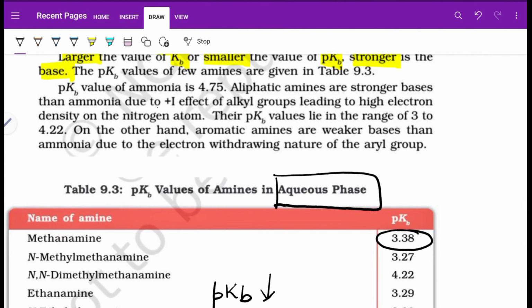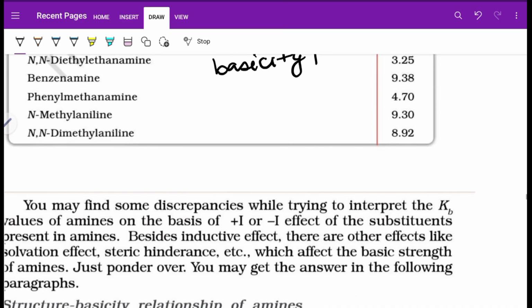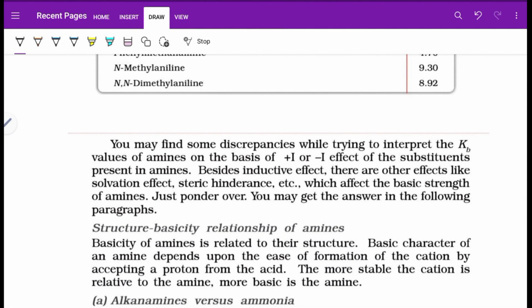What is important is only the plus I effect of the alkyl groups attached to the nitrogen atom. And for that case, I can say that for any gas phase, if the number of alkyl groups is greater, then the basicity will be greater.